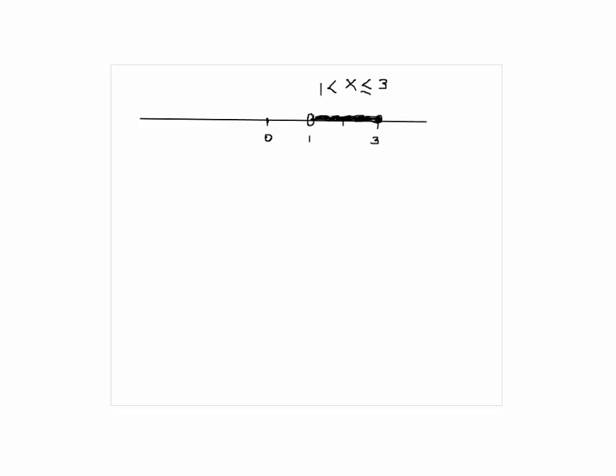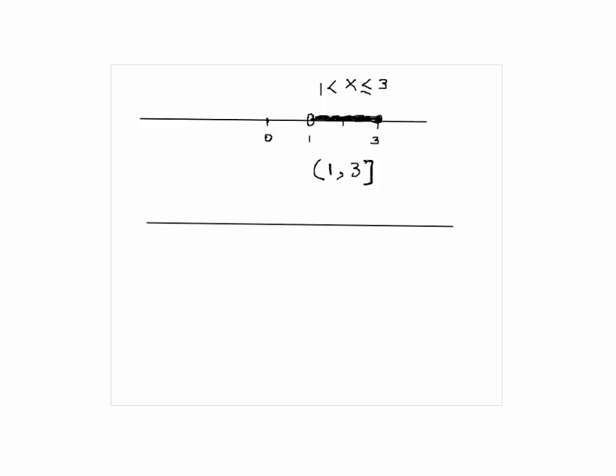That's one way to show it. Interval notation would be just another way to show the same thing. So we use parentheses if the endpoint is not included, and we use brackets when the endpoint is included. So this would be how you show it in interval notation. Do you follow that? Yes, I think I'm understanding it now.